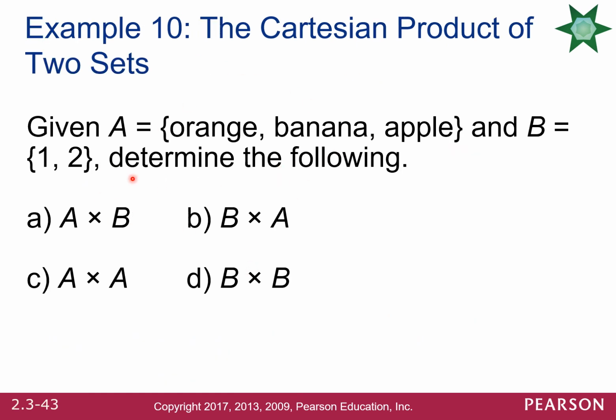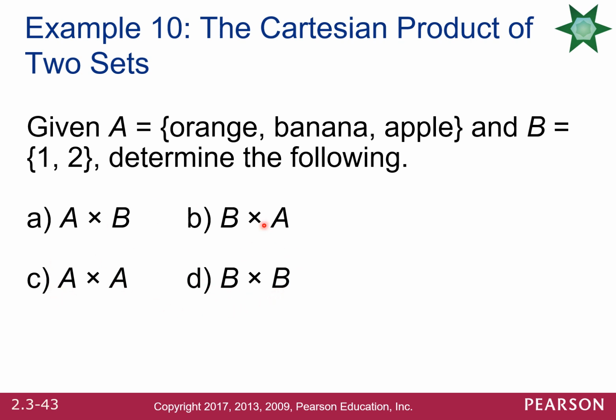So here's an example. It says given A equals orange, banana, and apple, and B equals 1, 2, determine the following: A cross B, and then another one will be B cross A, then A cross A, and B cross B. All right.